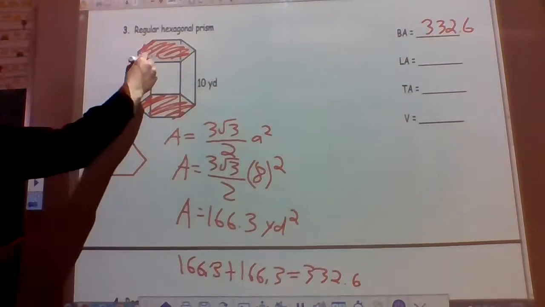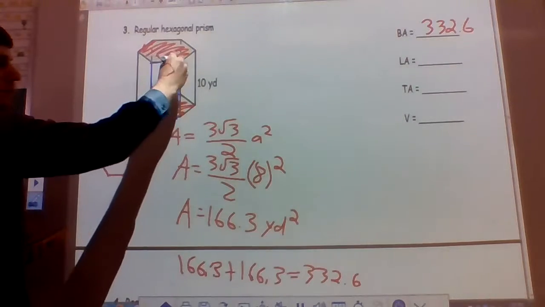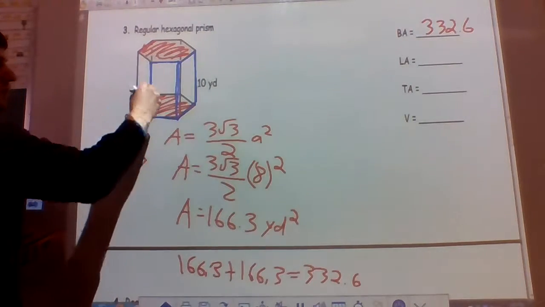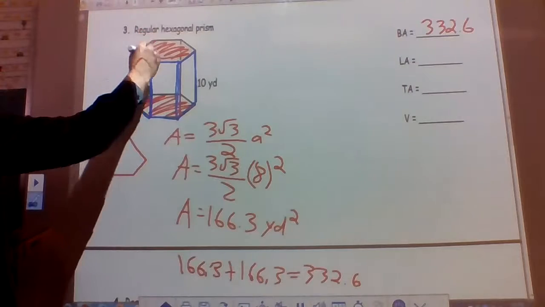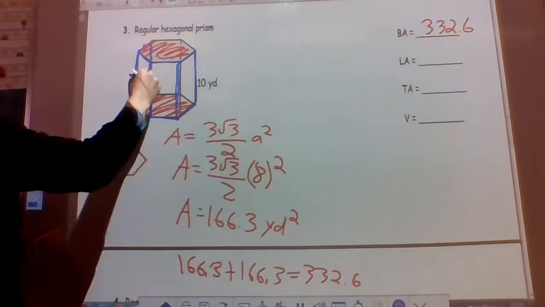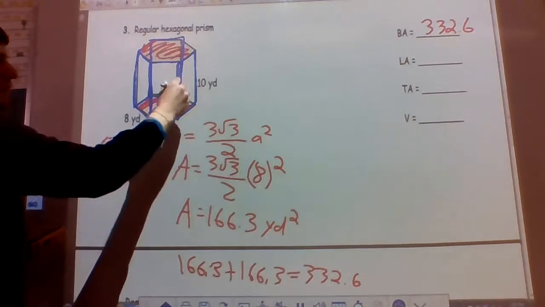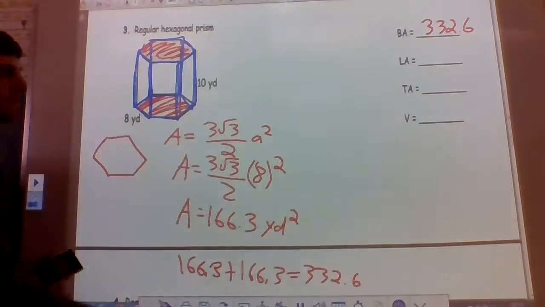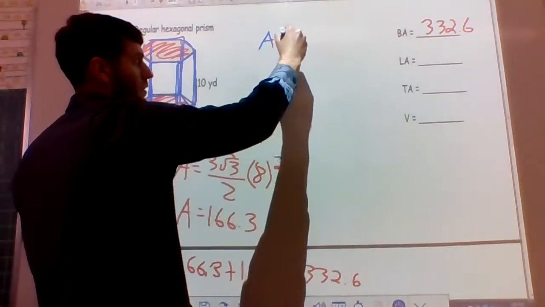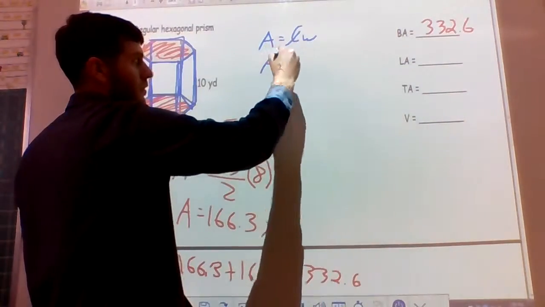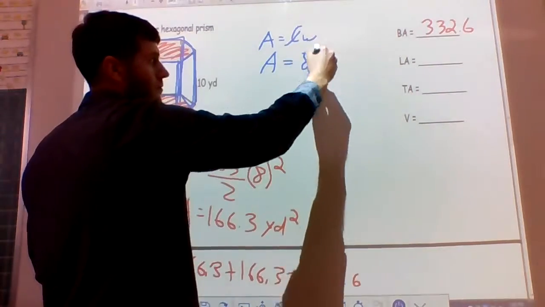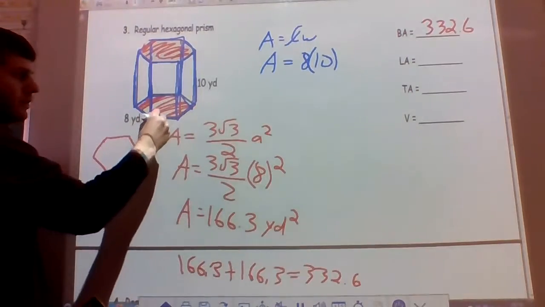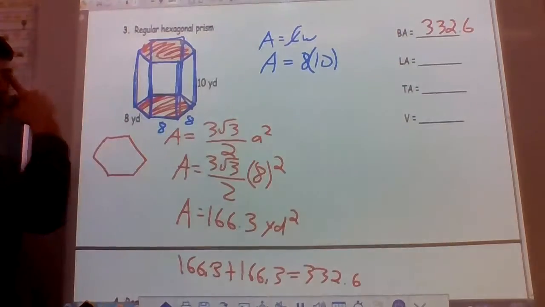And then around our hexagon we have 6 rectangles. 1, 2, 3. In the back we have 4, 5, 6. There's 6 rectangles. The area for a rectangle is length times width. So this is going to be 8 by 10, right? All these sides are 8, and all these heights are 10.